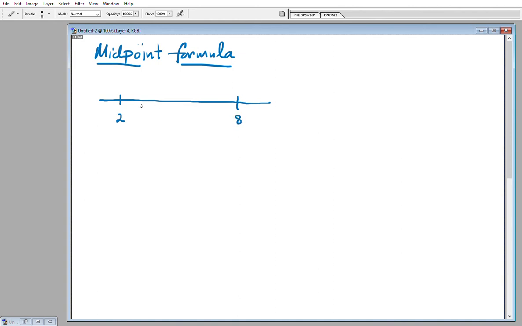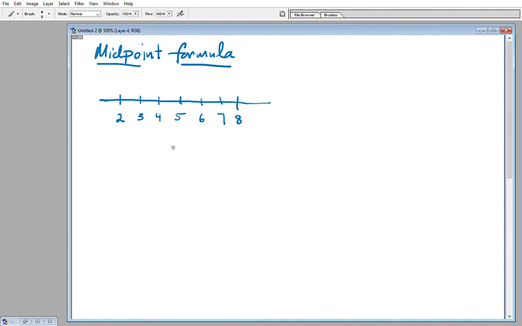If I put all the notches in between 2 and 8, we have 3, 4, 5, 6, 7, 8.